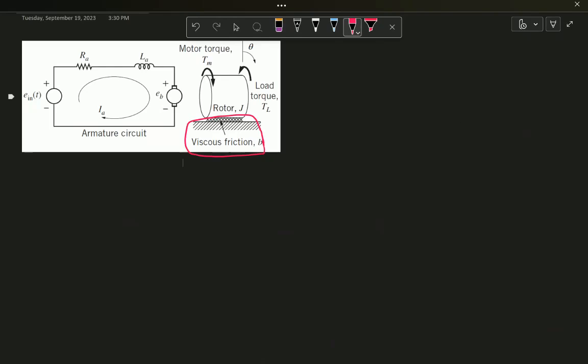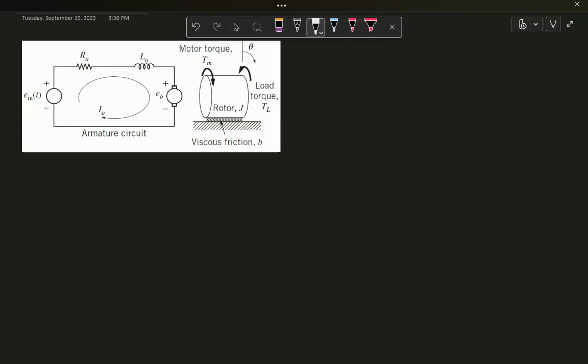We also consider the moment of inertia of the rotor as J. At the end, we can consider a little bit of torque load on this rotor. This is something that we have to overcome. So you see that clearly I have two domains of energy, electrical and mechanical.